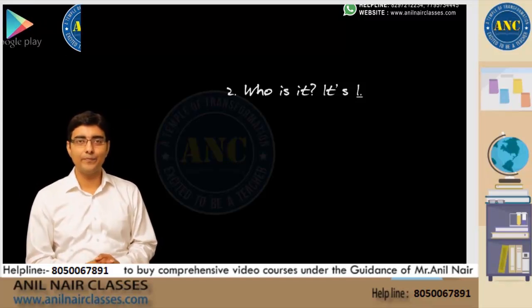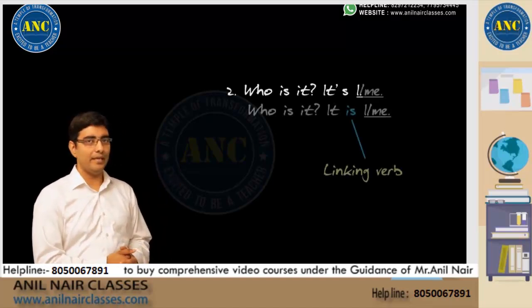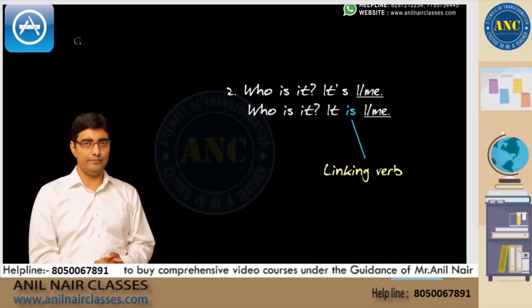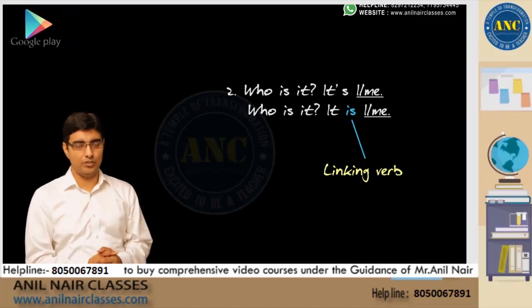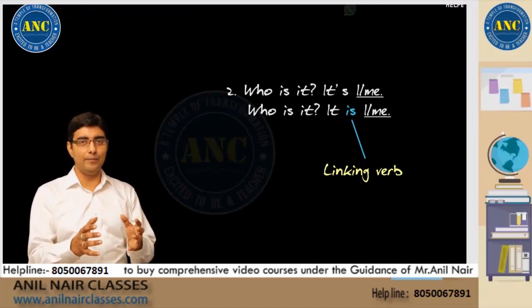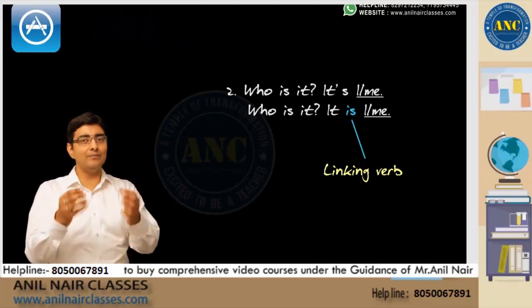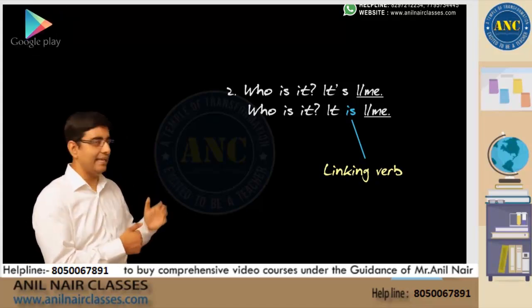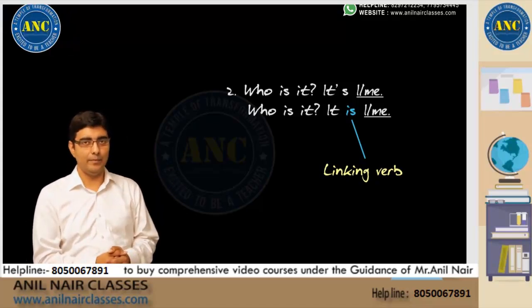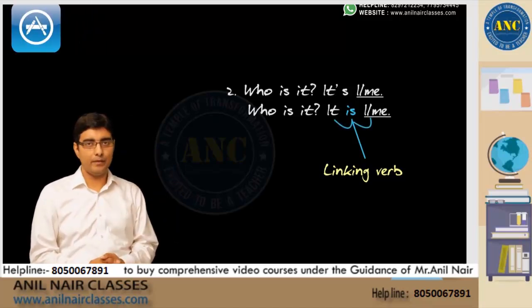Do you know why? If you look at the sentence, is actually a linking verb. Now, what is a linking verb? Go back to the parts of speech. A linking verb is a verb that links the noun with something else. So here, is acting as a linking verb because it is linking it and I or me.